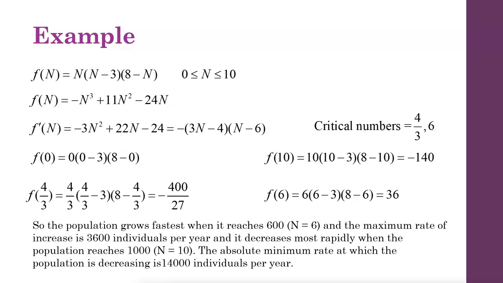So the population grows fastest when it reaches n equals 6 or 600, and the maximum rate of increase is 3,600 individuals per year, and it decreases most rapidly when the population reaches n equals 10 or 1,000. So the absolute minimum rate at which the population is decreasing is 14,000 individuals per year.